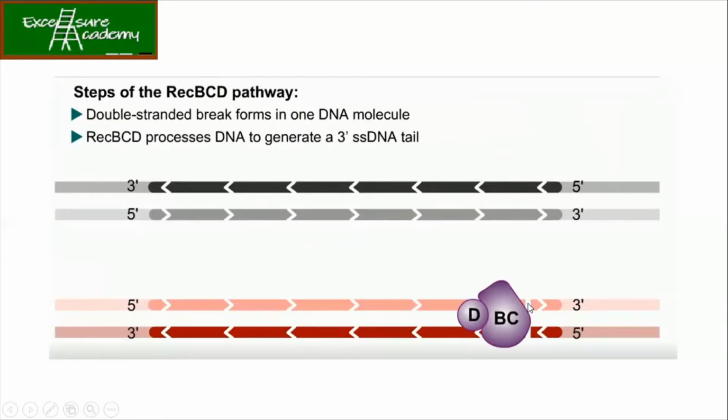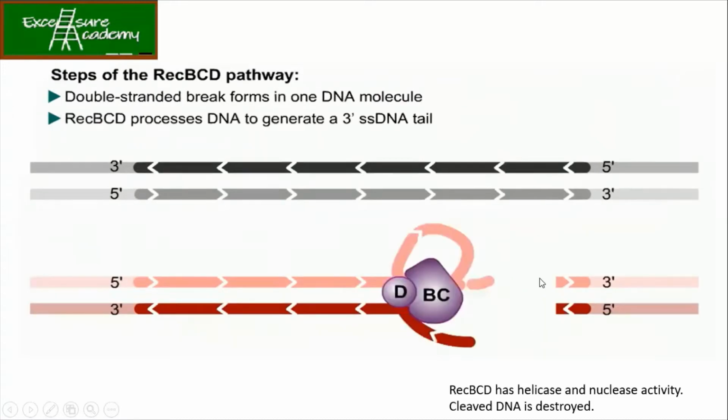Okay, now what is expected? What should happen? We remember that B and D have the helicase activity and B is also having the nuclease activity.